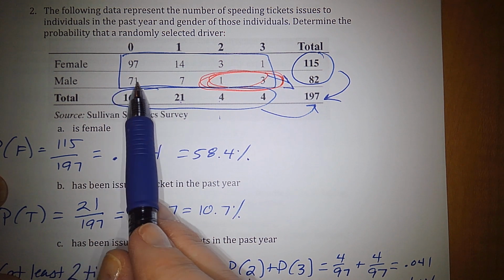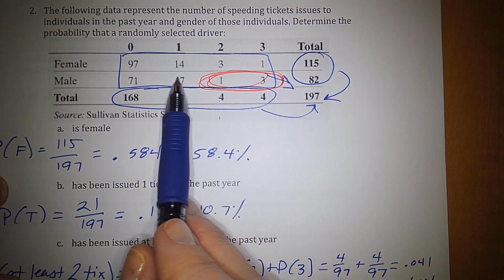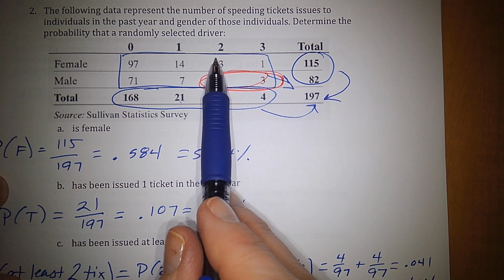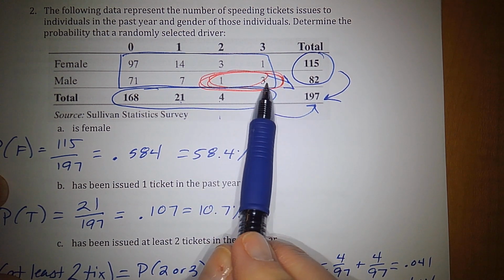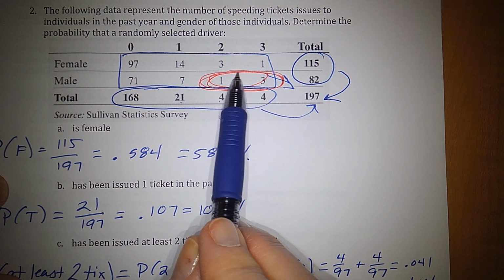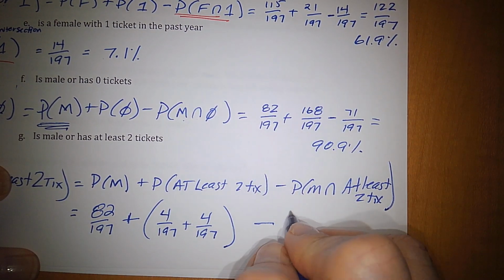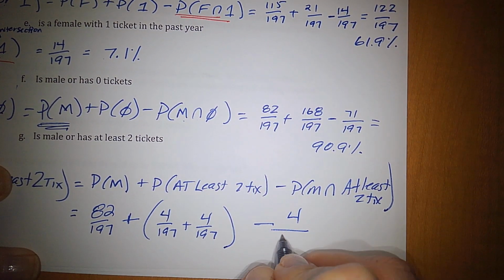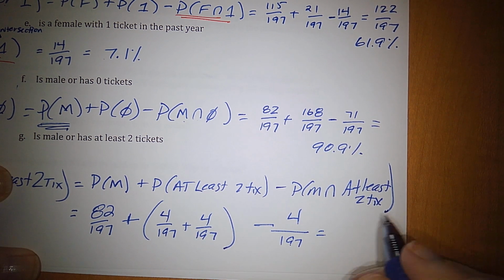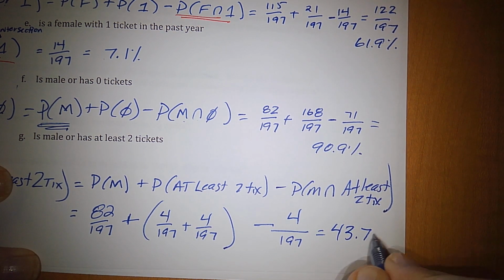So when we intersect or union the males with at least 2 tickets, we're adding this 1 and this 3 twice. So we're going to have to subtract out the 4 that were in that red circle, which is going to come out to 43.7%.